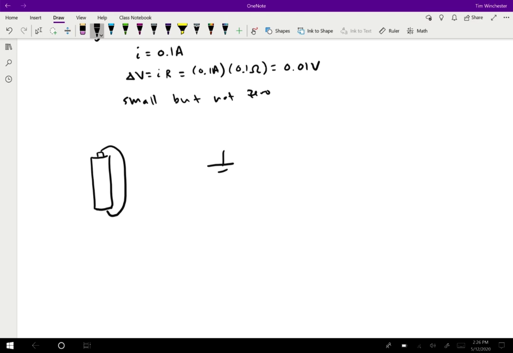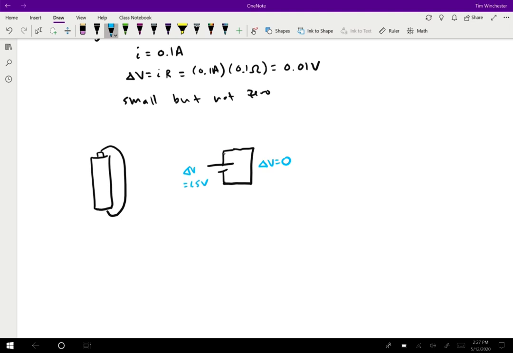If I have a battery like this, then the rule is that the delta V is equal to 1.5 volts. That was the rule for a battery. But if I just connect the two ends with a wire, the rule for the wire is that delta V equals 0. So I get a contradiction.